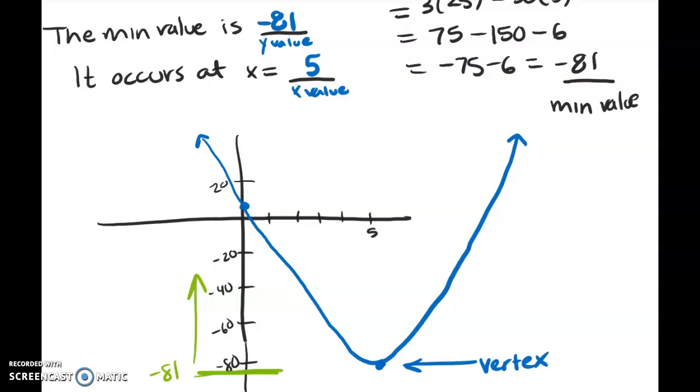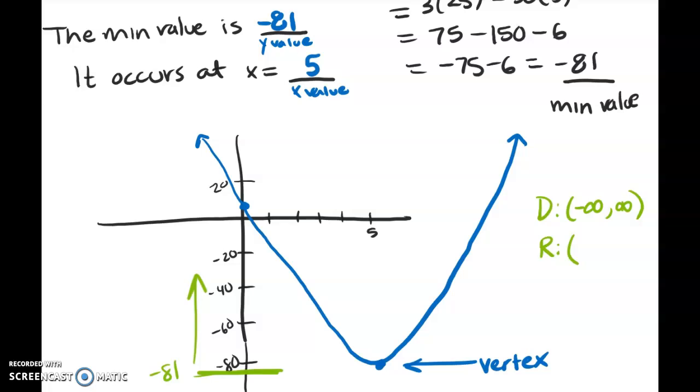So then I can answer the last question, which says identify the domain and the range. Well, for all quadratics, the domain is negative infinity to infinity. It's all real numbers. The range, the lowest this one goes, this has a minimum value occurring at 5.